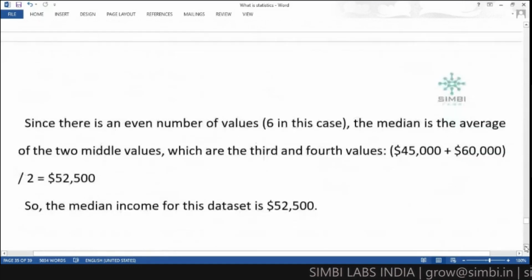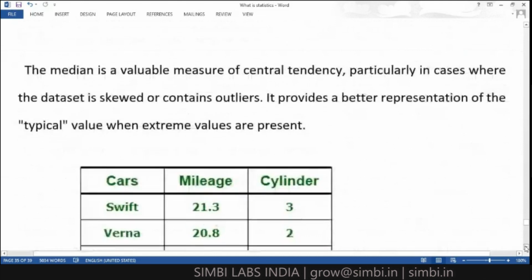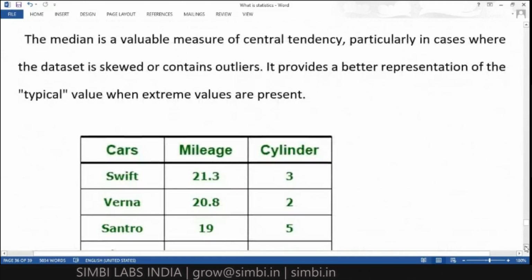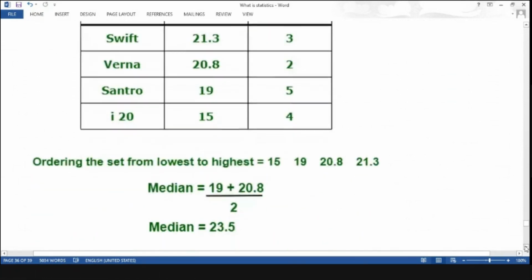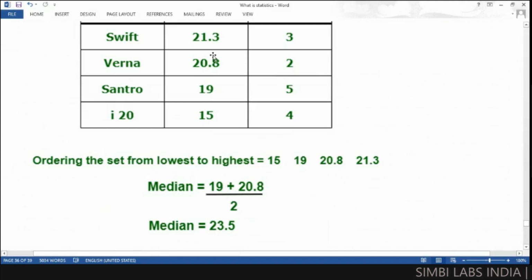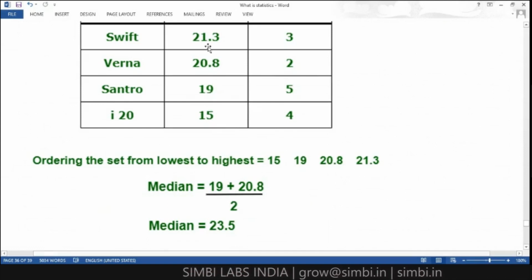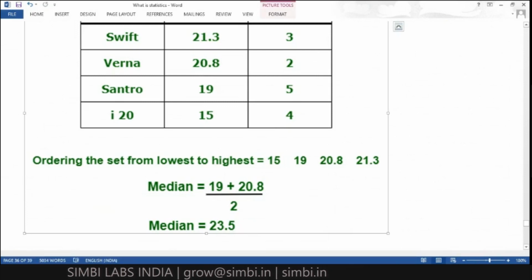We can also see one more example for the median. We can take the cars, mileage and cylinder from the previous example. How to calculate the median? First order the mileages: 15, 19, 20.8 and 20.3, in ascending order.